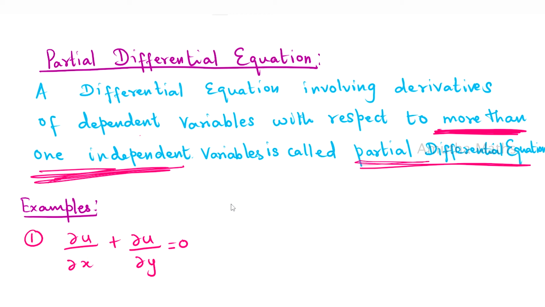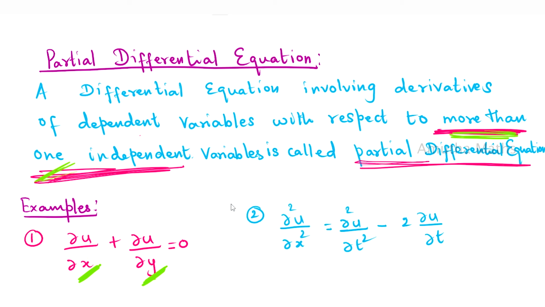Independent என்ன? எத்தனை variables? Independent எது கீழ இருக்கோ அதான் independent variables. So here x is one independent variable and y is another independent variable. So here we have more than one independent variable. If you have more than one independent variable, we call it a partial differential equation.